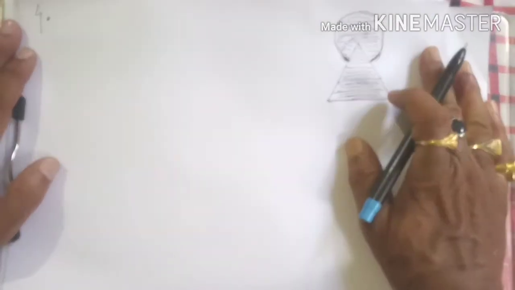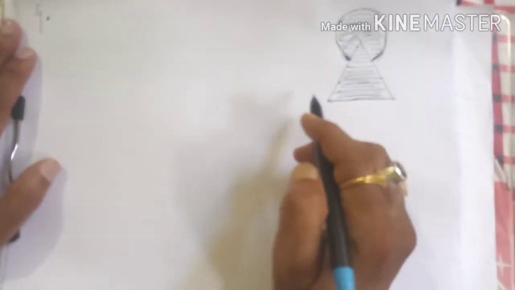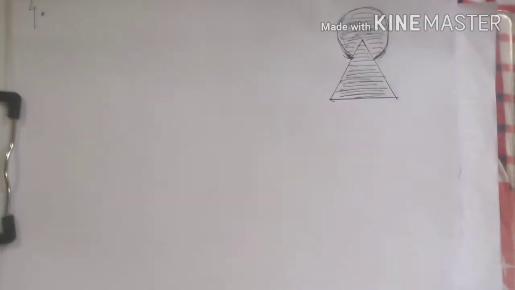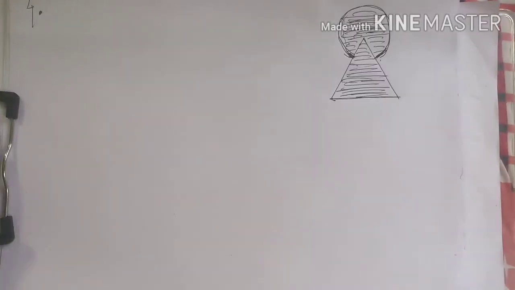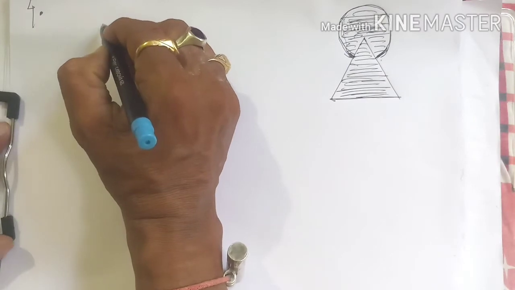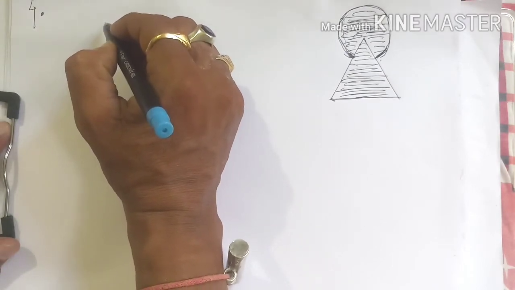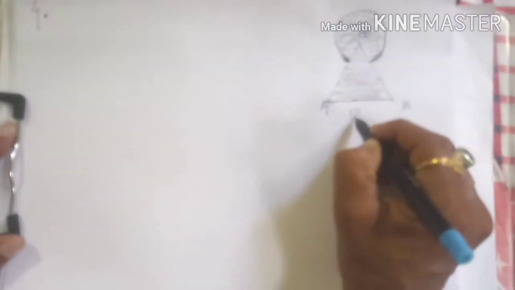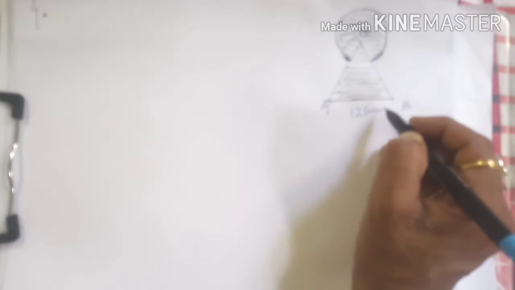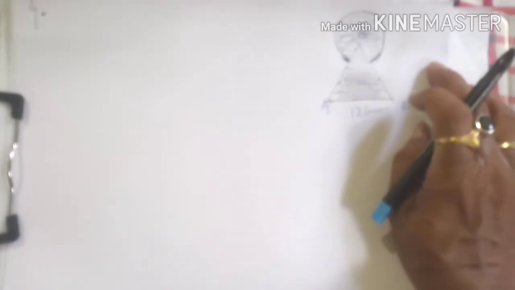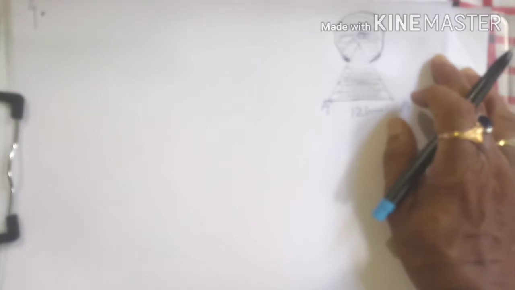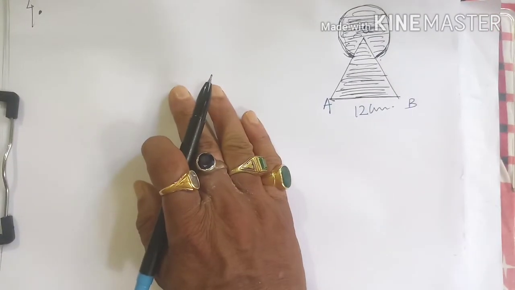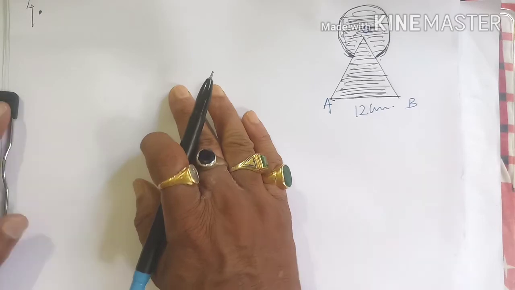What are the data given here? The data is 6 centimeter is the radius. OAB, this is 12 centimeter side. Find the area of the shaded region where a circular arc of radius 6 centimeter has been drawn with vertex O of an equilateral triangle OAB.